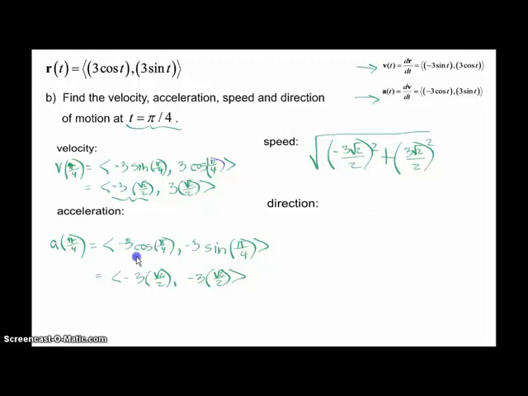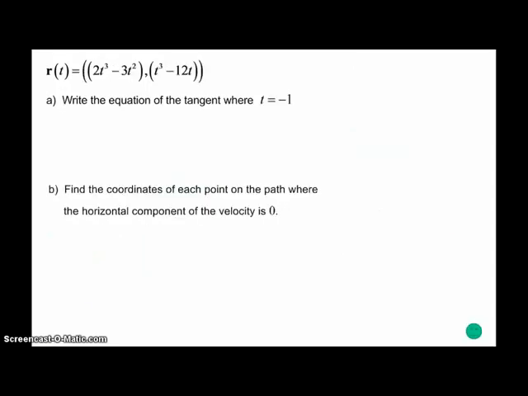Our direction is going to be the velocity vector, and here that velocity vector is negative 3 root 2 over 2 i plus 3 root 2 over 2 j, divided by whatever we found that speed to be: 3 root 2 over 2 squared plus positive 3 root 2 over 2 squared. So fairly easy to do fairly quickly.